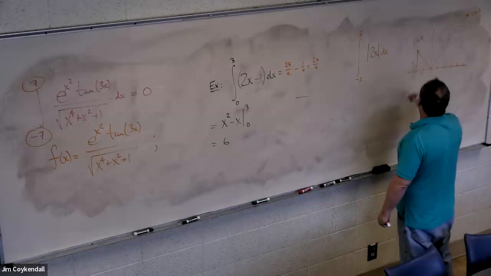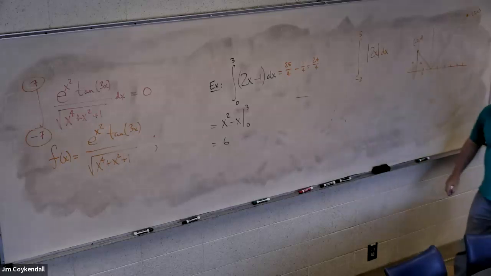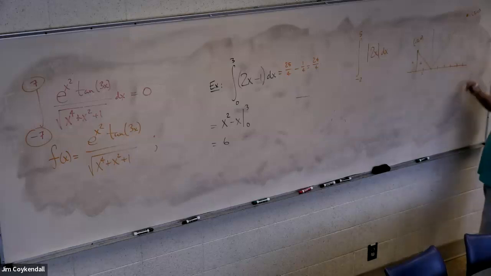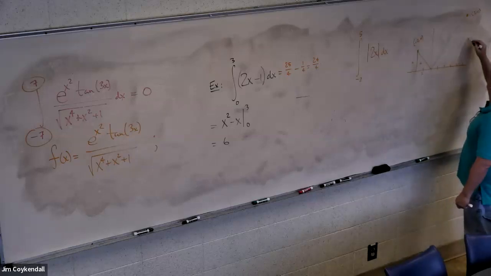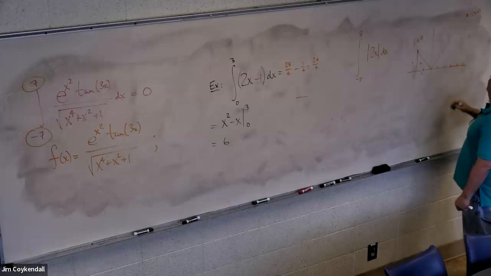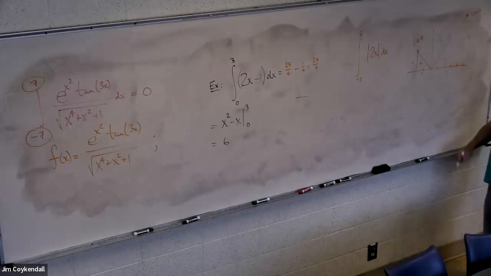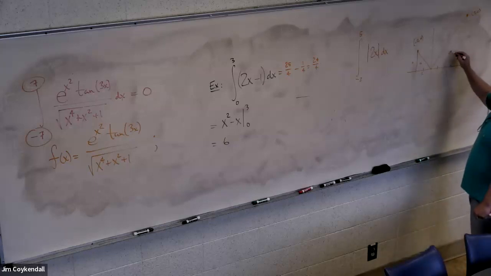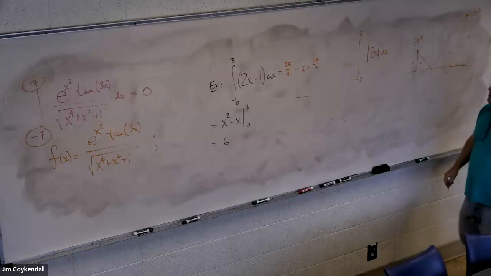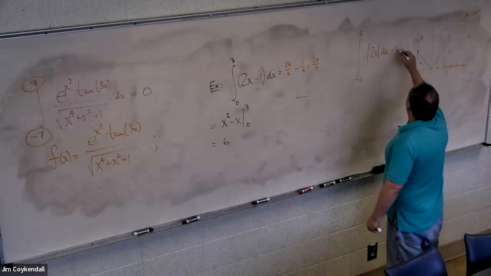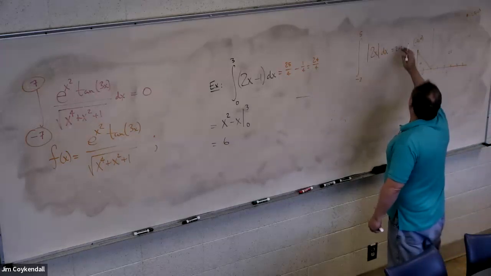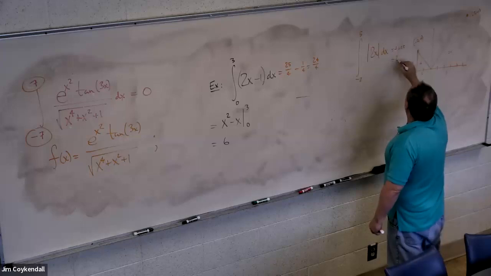Half the base times the height for this triangle, and this one is 5 wide and 10 tall. So this should be 4 plus 25.